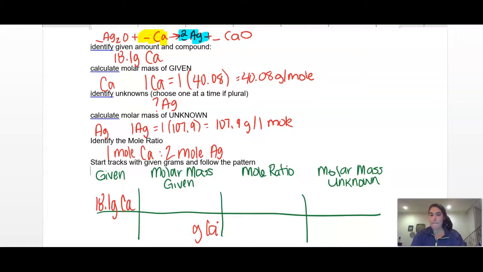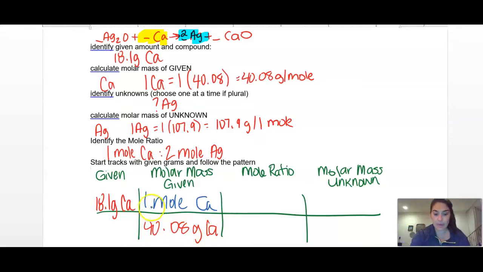Then I am going to use molar mass, going between moles and mass. It's in the word. So I look back and my molar mass told me 40.08 grams per 1 mole of calcium. Again, molar mass is always some number of grams in 1 mole. Great.